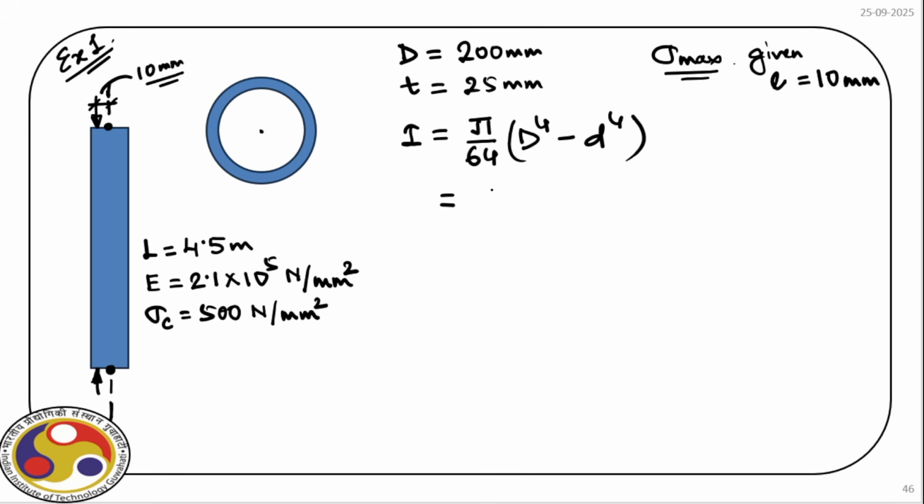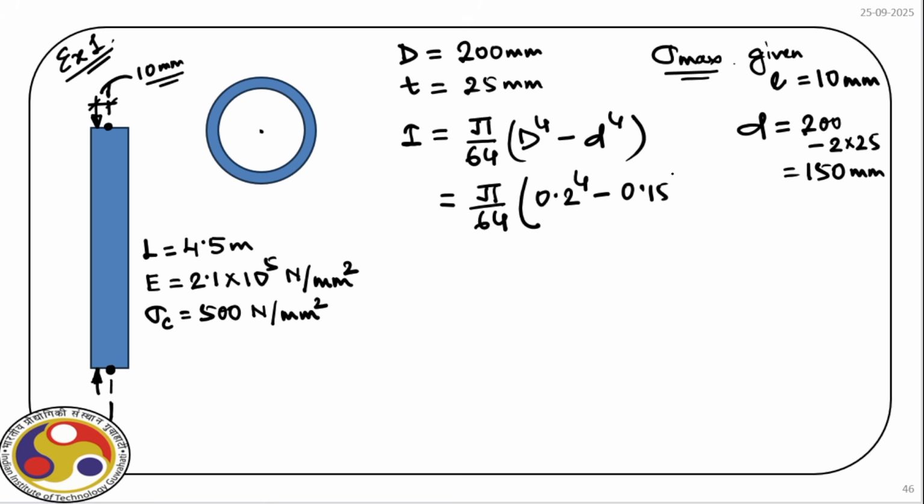So we have pi by 64, within bracket we have 0.2 to the power 4 minus small d, which is equal to 200 minus 2 into 25, so it is 150 millimeter. And the value here is 5.37 into 10 to the power minus 5 meter to the power 4.